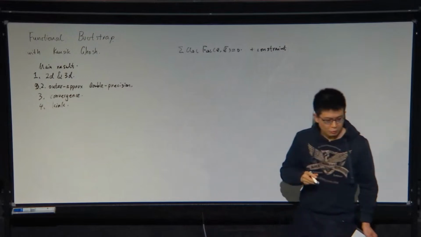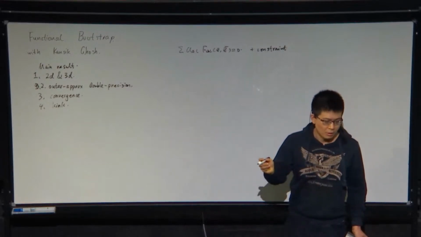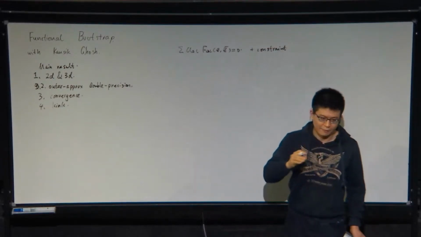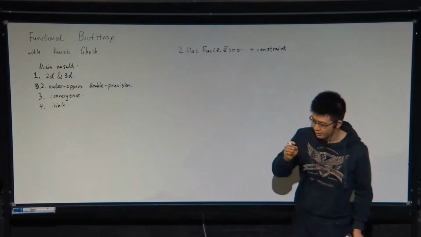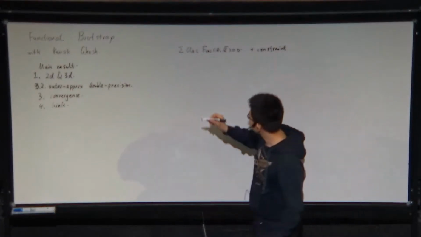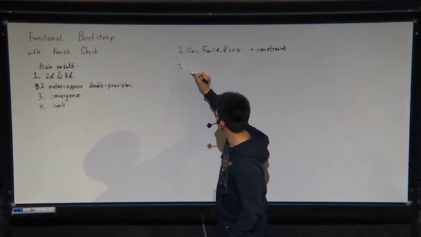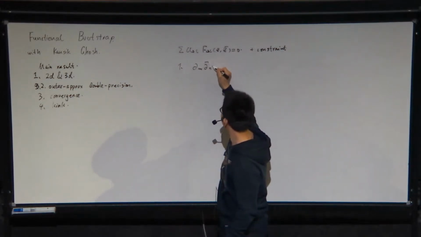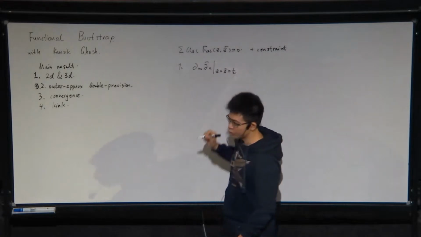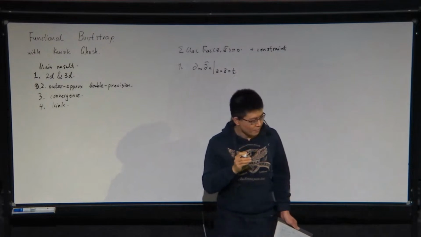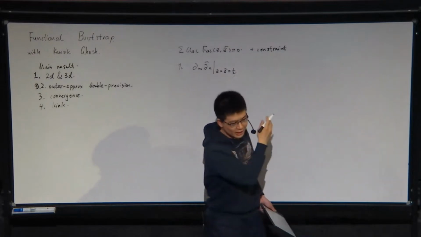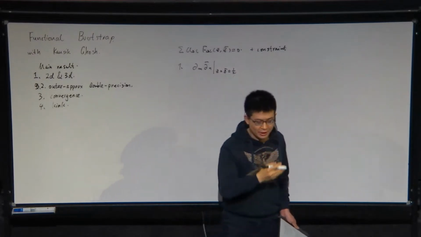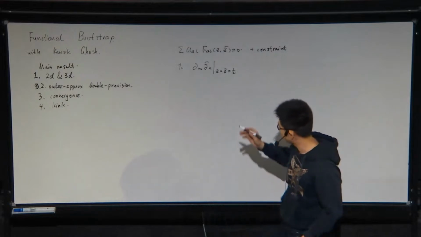Usually this constraint could be some symmetry group or some additional assumptions on the spectrum of the theory. The first thing is that we use a derivative basis at z equals z bar equals 1/2, the crossing symmetric point, to extract or project this crossing equation onto the basis of the derivative.